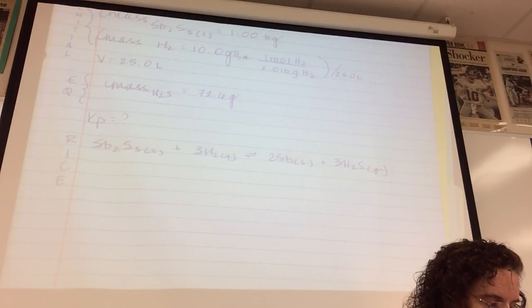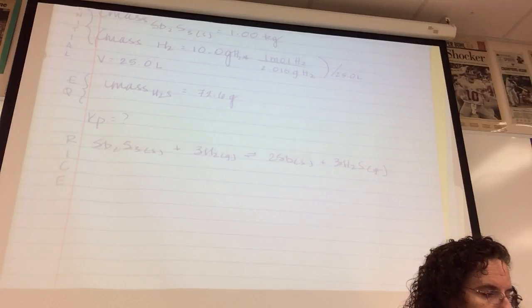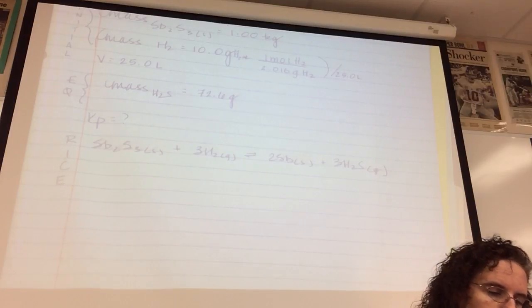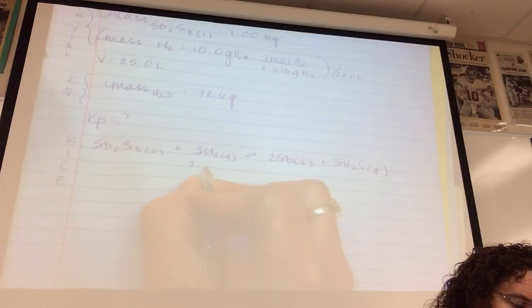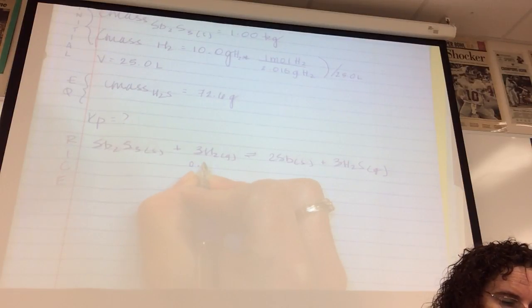So we've got 10 divided by 2.016, and then, can you not round it to 2 to make it 5? Yeah, you could if it was in your hand. It probably would be easier. So you have 0.198 molar.